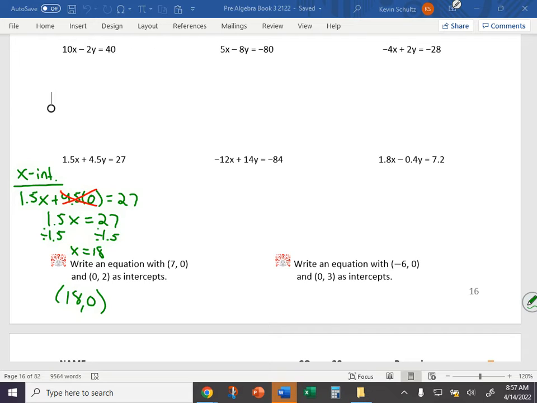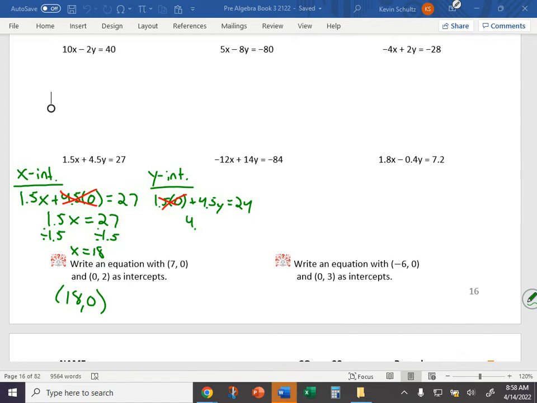To find the y-intercept, again, nothing changes. You're still setting x equal to 0. So 1.5 times 0 plus 4.5y equals 27. That 1.5 times 0 is still going to cancel out because anything times 0 is 0.